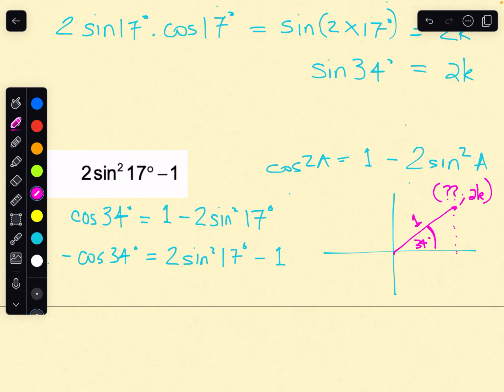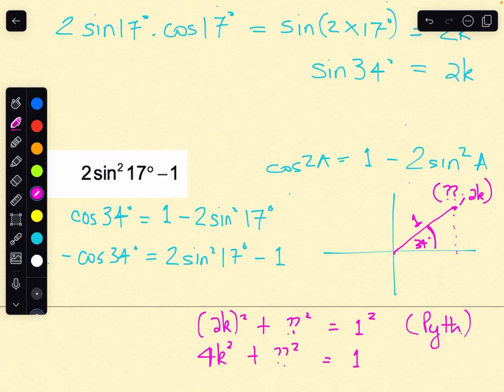So, Pythagoras: 2k squared plus someone else squared is equal to 1 squared, because Pyth said so, right? And so that is 4k squared plus my unknown squared is equal to 1.